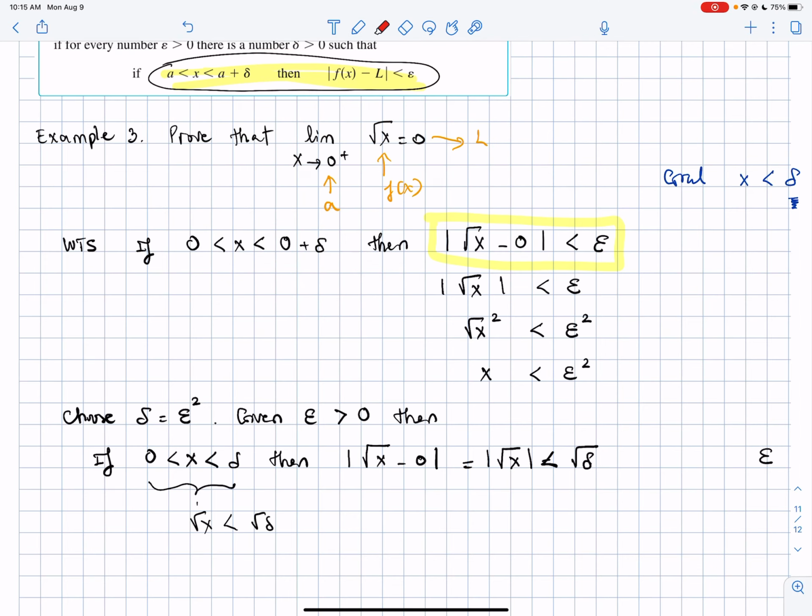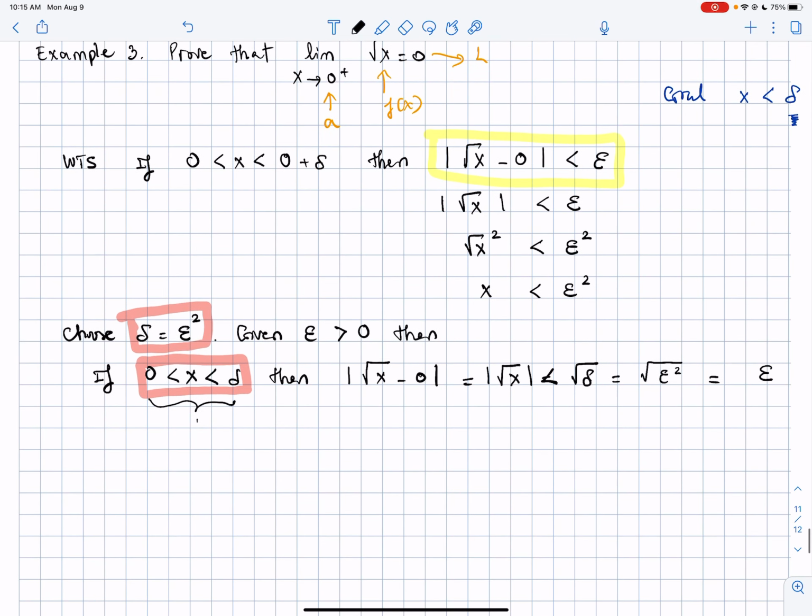So in this step, we base on this and try to get epsilon at the end. We chose delta to be epsilon squared, so let's replace: square root of epsilon squared is equal to epsilon.